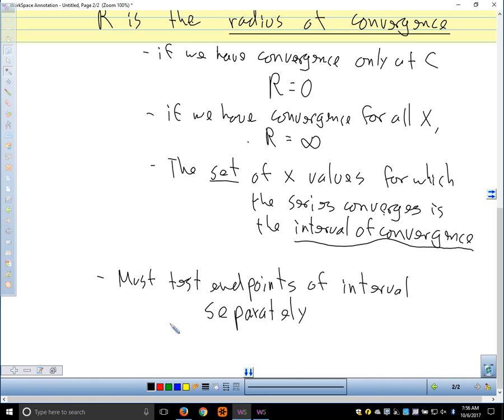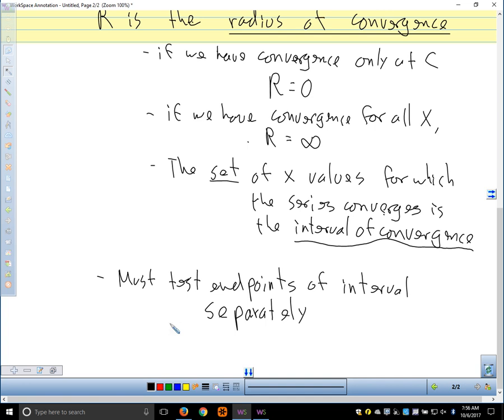So the endpoints converge independently of the convergence inside the interval. We could have a divergence at one endpoint and convergence at the other, both converging, both diverging, or one or the other on either side. So we have to test those separately. We test them separately by plugging in the x value for the endpoint and then determining the convergence or divergence of the series that results.